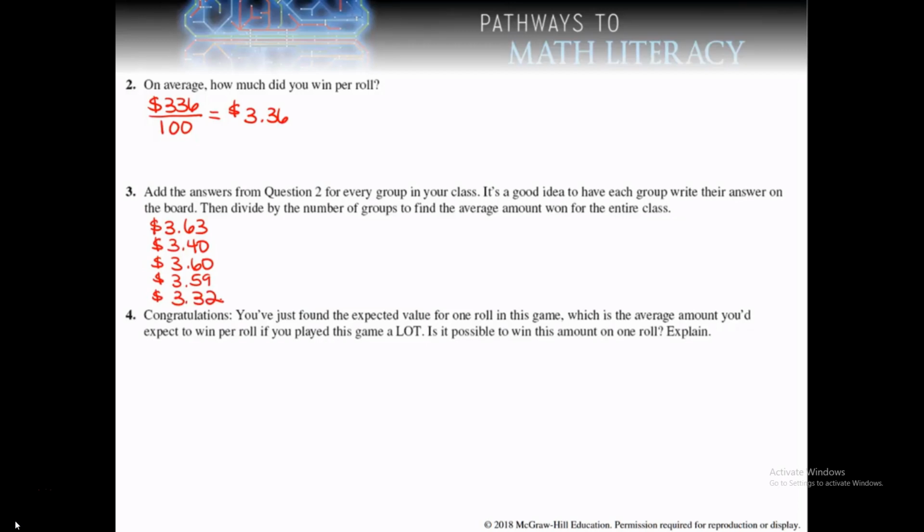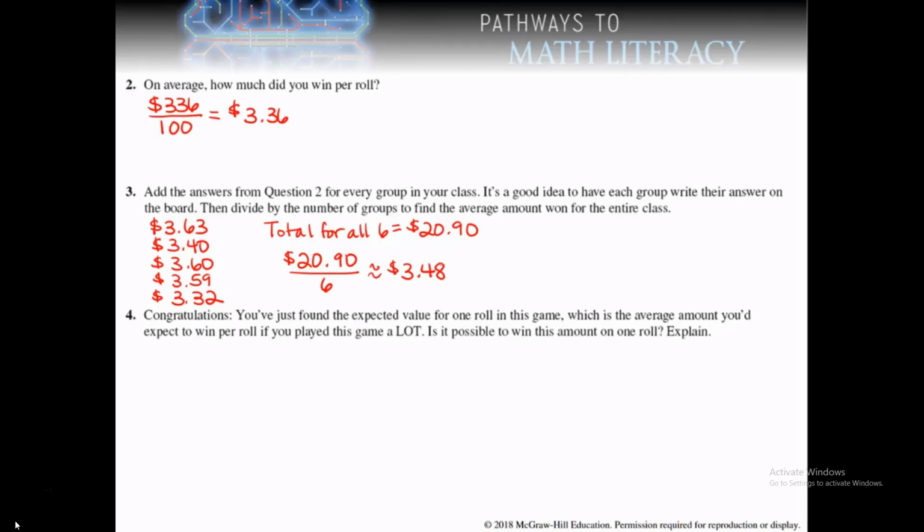So we'll go ahead and add those up, and that total for all 6 groups comes out to $20.90, and then we'll divide that by 6 groups to get the overall class average, and that comes out to about $3.48.